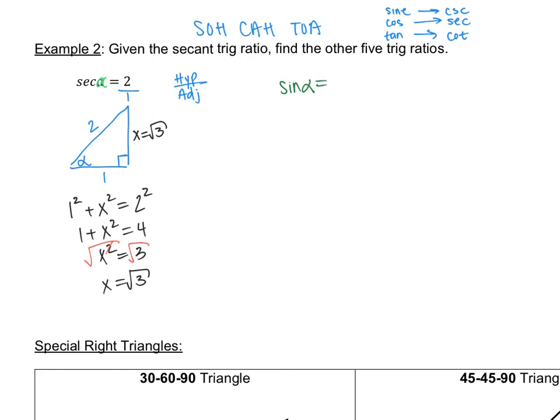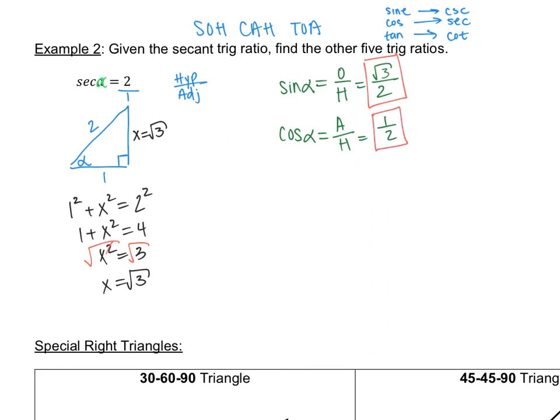Sine alpha is opposite over hypotenuse, so that's square root of 3 over 2. And I have my sine. Next is cosine, the typical order, adjacent over hypotenuse. My adjacent is 1 and my hypotenuse is 2, so 1 over 2, that's a nice clean problem.